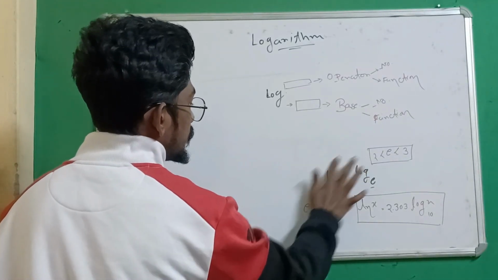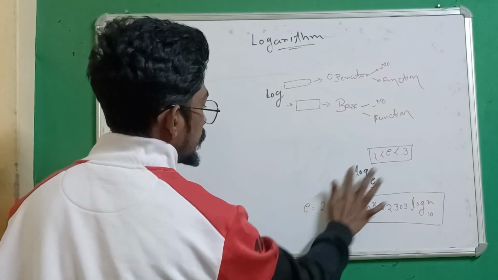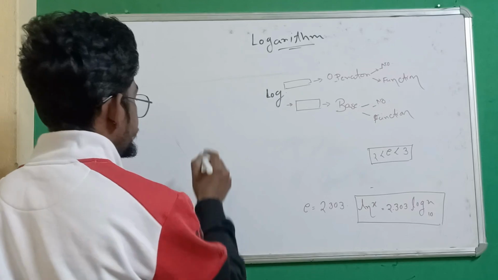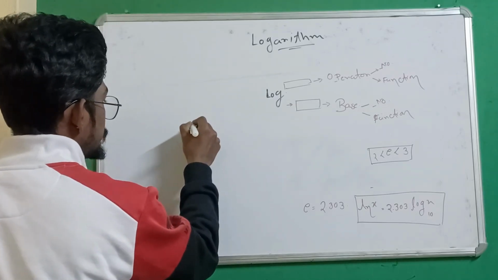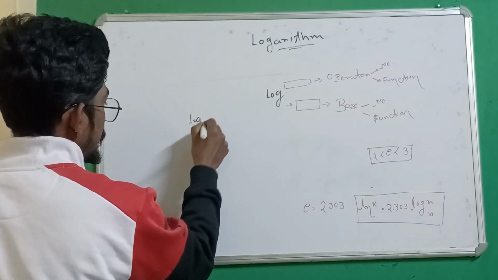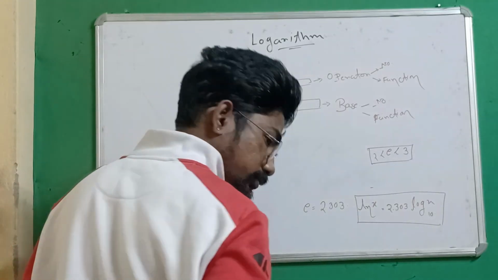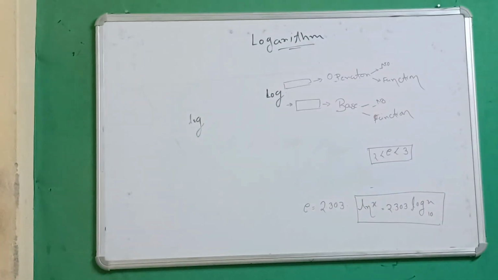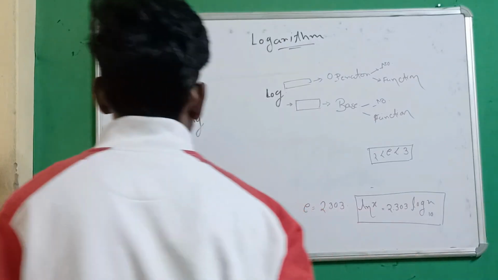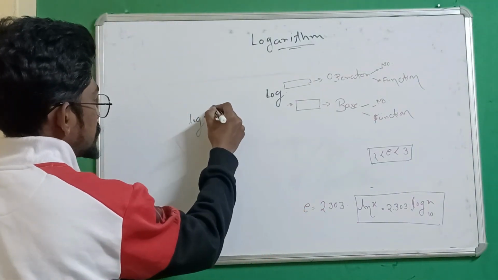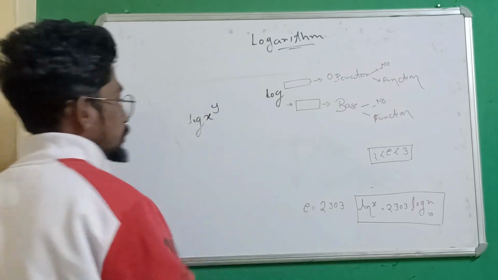First of all, the exponent rule. What will happen if a number x is there and the exponent is any number y?